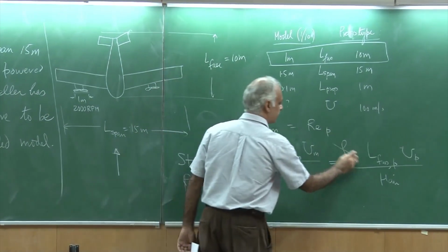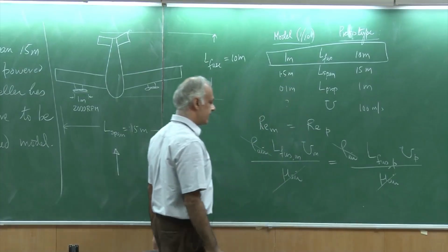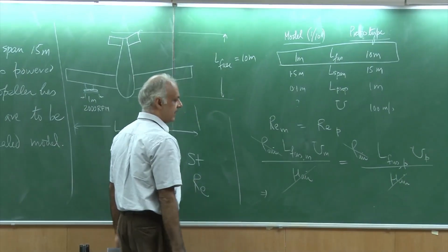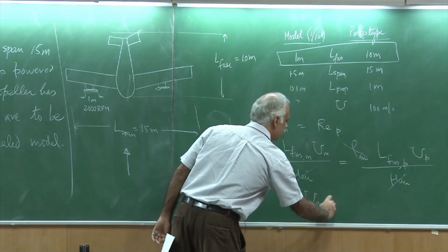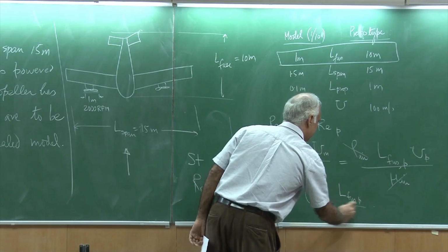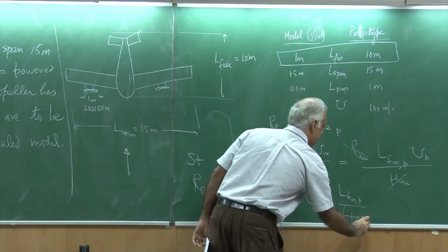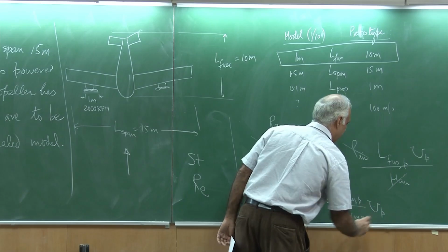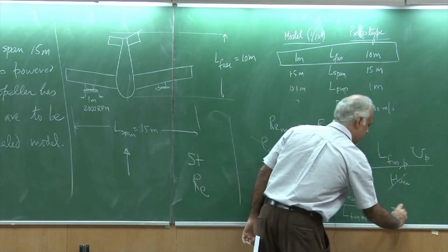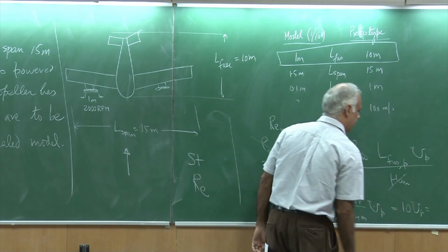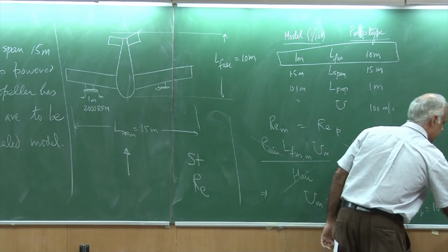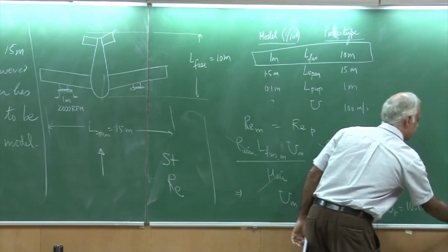So, I could cross out rho air, I could cross out mu air, and the Reynolds number matching actually would imply that my u for the model, the speed for the model, should be L fuselage for prototype divided by L fuselage for the model times u prototype, and because it is a 1/10 scale model, so this is 10 times u p, and that would be 10 times 100 meter per second, and that is 1000 meter per second.